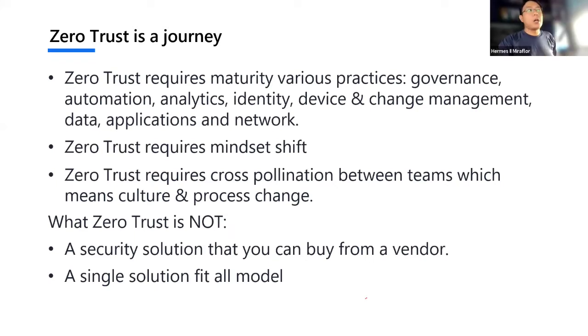So it's not a one-stop shop na bibili ka lang ng technology, automatic Zero Trust architecture ka na. Hindi siya ganun. It's a journey, and it also requires maturity on the end of the customers, on the end of the organization. Why do we say it requires maturity?